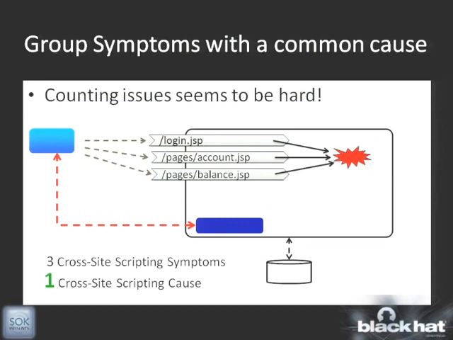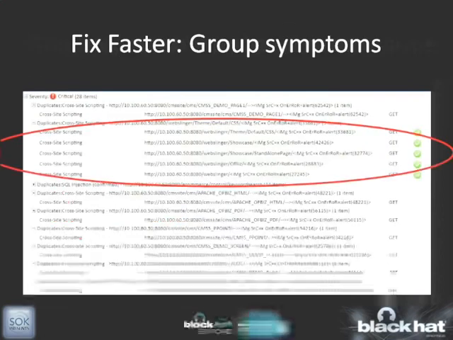And that's interesting information, because now you can group together issues with a common cause. So for instance, these 5 issues on the web slinger directory can be grouped together. There are 5 possible ways to perform a cross-site scripting on different directories, and in the background we were able, with that runtime, real-time component, to figure out that all these 5 issues really lead to one cause in the application.